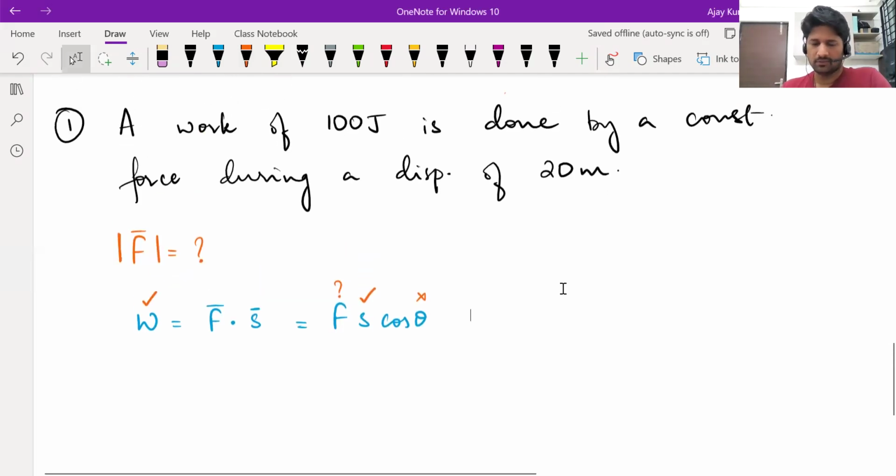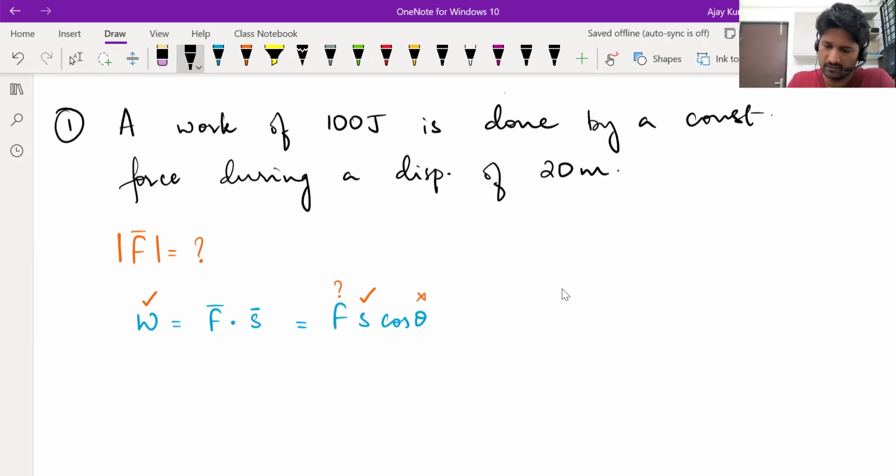Now, in the same question, force you cannot tell, but if I ask you how much is the tangential force, magnitude of tangential force? Can one of you tell me what is the meaning of tangential force? What do we mean by tangential force?